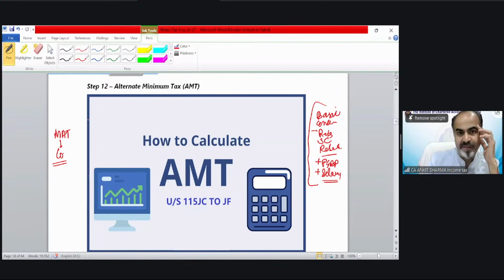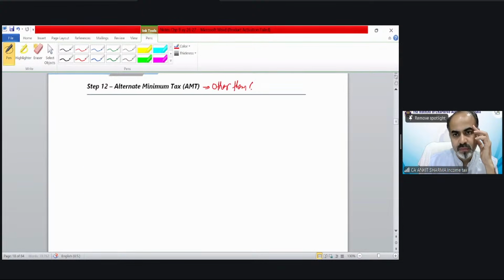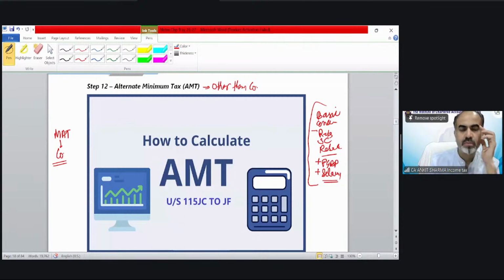So they introduced this AMT, which is for other than companies. Understood? MAT is wider than this AMT concept. We are not going to discuss the MAT concept because it would be discussed at the final level. It is not for the intermediate level. We have only the AMT concept.